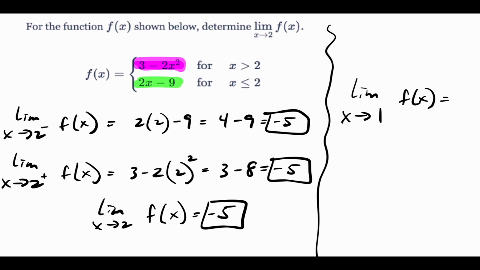Which was the only one I'd plug into? Good. Why? You're right. You're absolutely right. Why just green? Less than 2. Because, right, there's no switching at 1. This only switches at 2. The reason I had to check both at 2 was because there was a switch here. It switched from green to pink at 2. There's no switching at 1. So all I got to do is check the green for that one. Okay? Good.